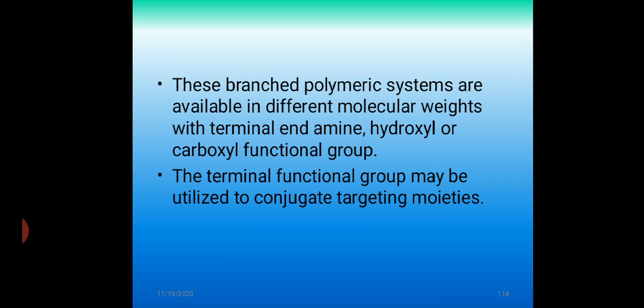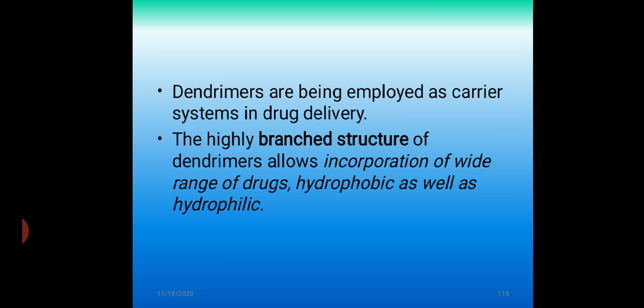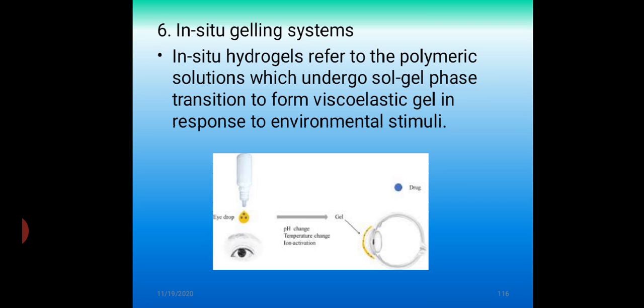That means the dendrimer carries the drug molecule, binds with the corneal cells, and slowly delivers the drug into the eye. The highly branched structure of dendrimers allows incorporation of a wide range of drug molecules irrespective of their nature, including both hydrophobic as well as hydrophilic drug molecules.